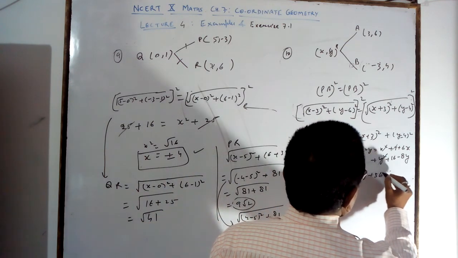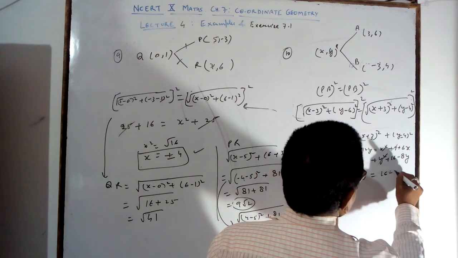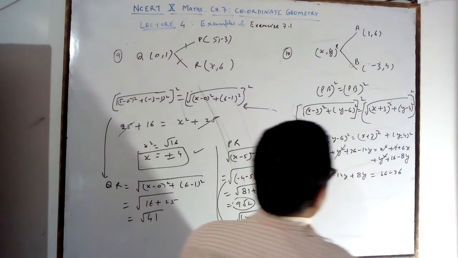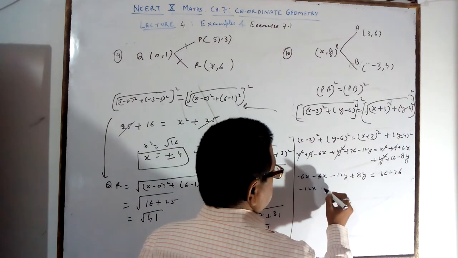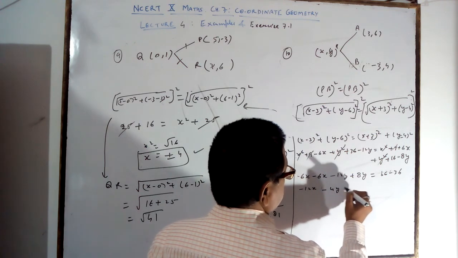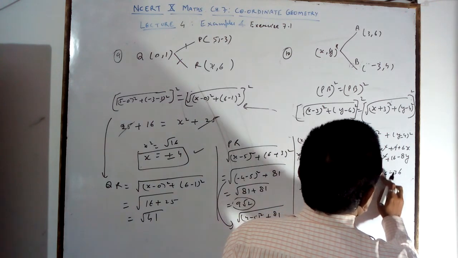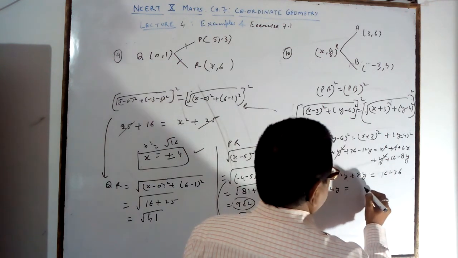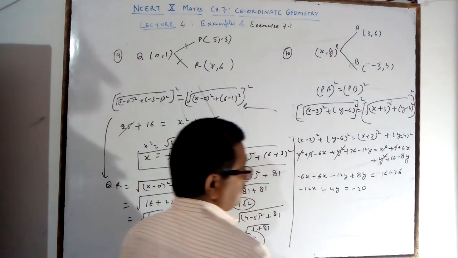Or you can take that side, 16 minus 36, minus 12x minus 4y is equal to 16 minus 36, minus 20.